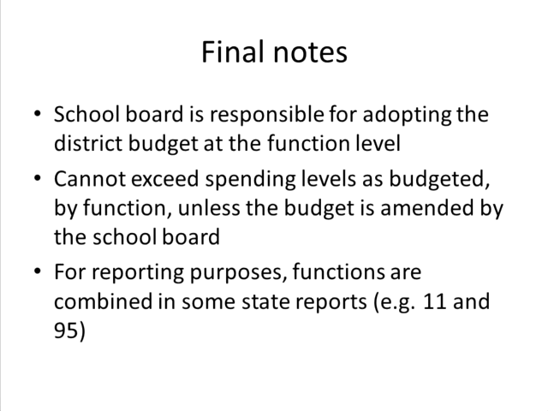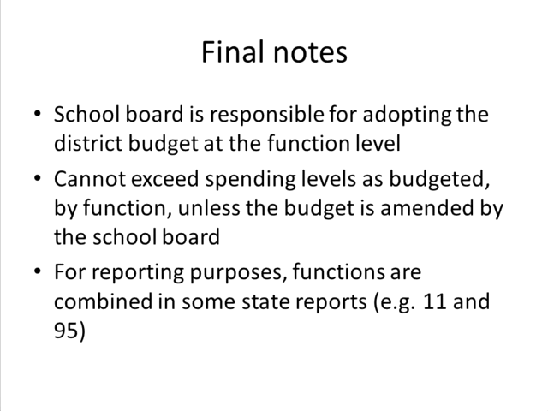The only way they can spend more than what's been budgeted in any of those categories is to go ask the school board for permission through a budget amendment. Now they can move money around within each of those categories, that's fine, but they just can't go over the amount that's been budgeted by the board in any category unless they get a budget amendment.